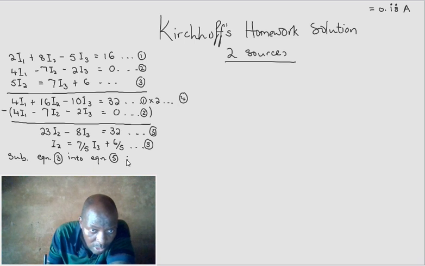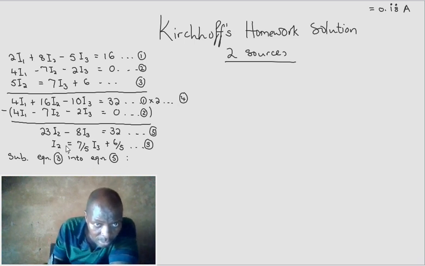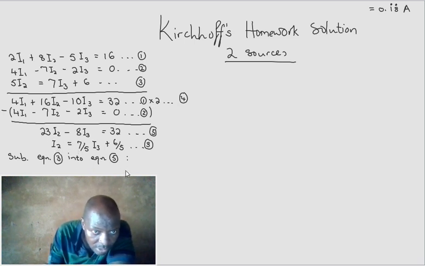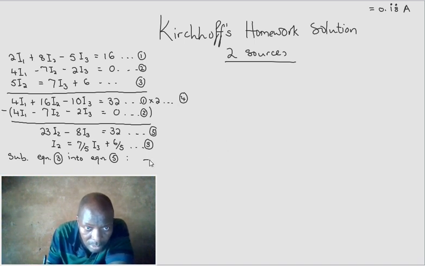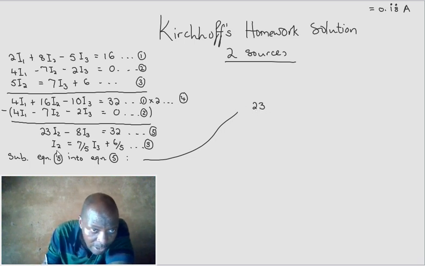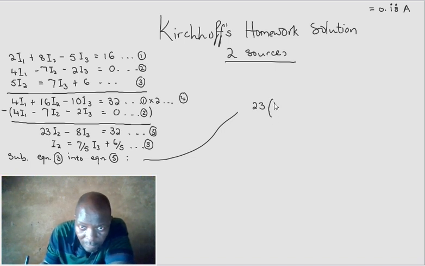Okay, this way you are going to have 23 times I2, but I2 is that long guy, 7 over 5 I3 plus 6 over 5.